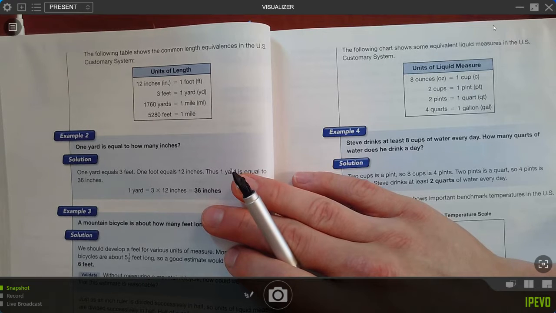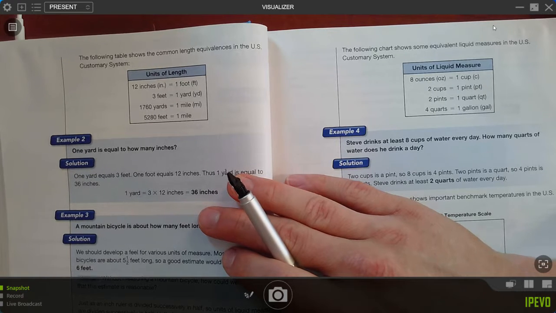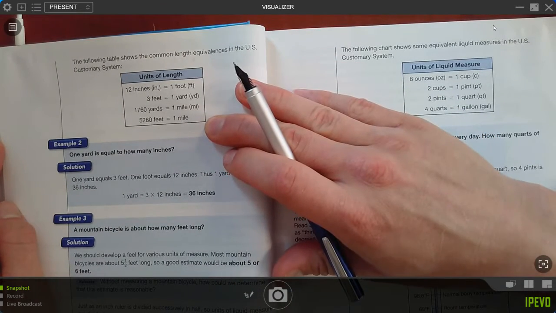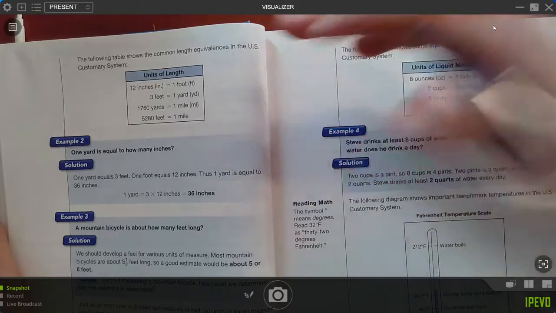So pretty interesting. So just kind of getting you used to this system, okay? It's definitely different than the nice base 10 system that metrics has, but there is a reason for it.